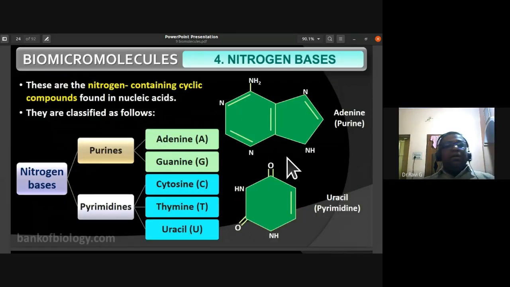So the next biomicromolecules that we'll be discussing about is the nitrogen bases. So nitrogen bases are found in the nucleic acids like RNA and DNA. So nitrogen bases are nitrogen containing cyclic compounds found in nucleic acids.